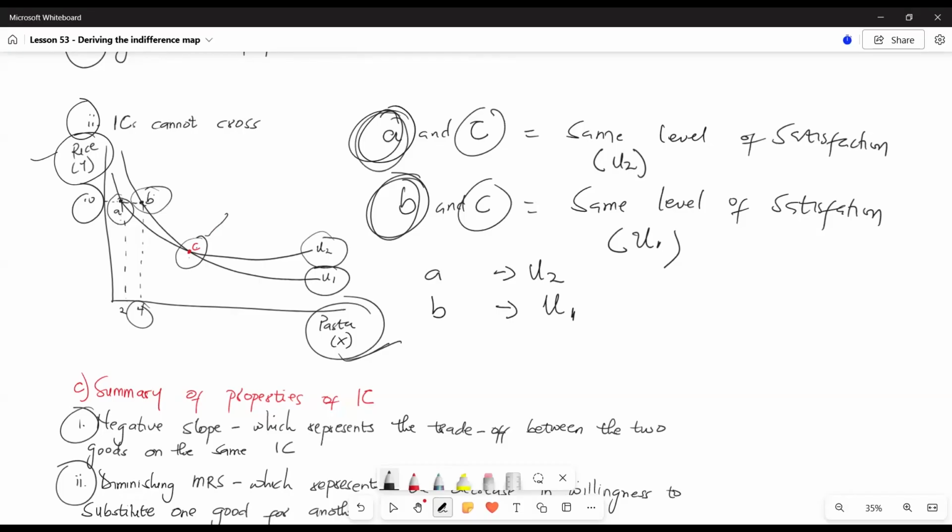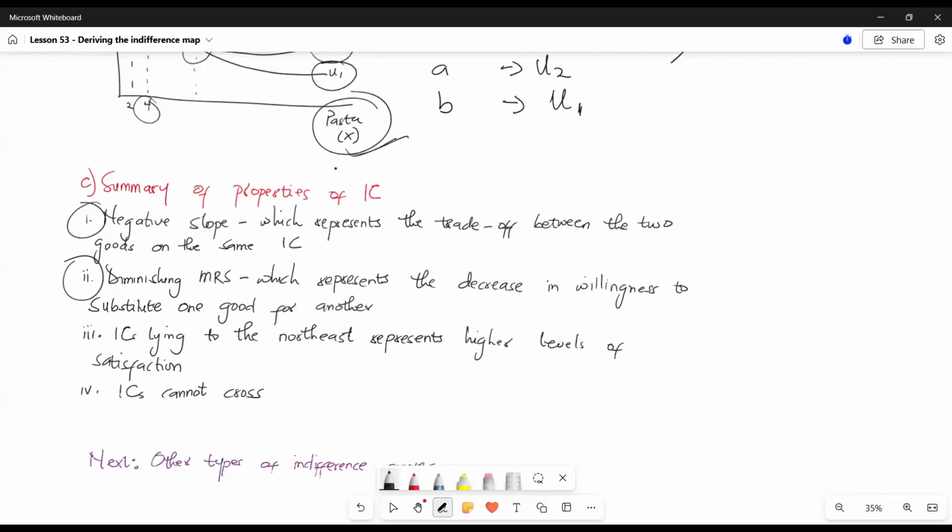But if you move downwards to point C, where you have less rice and more pasta, then this consumer might be less willing to trade off rice for pasta. So your willingness to substitute one good for another diminishes as you move along the indifference curve.